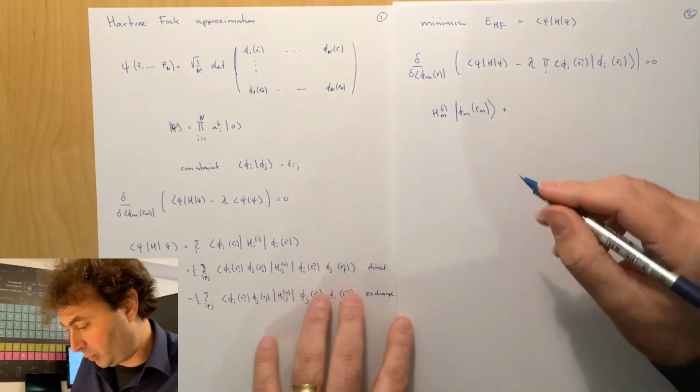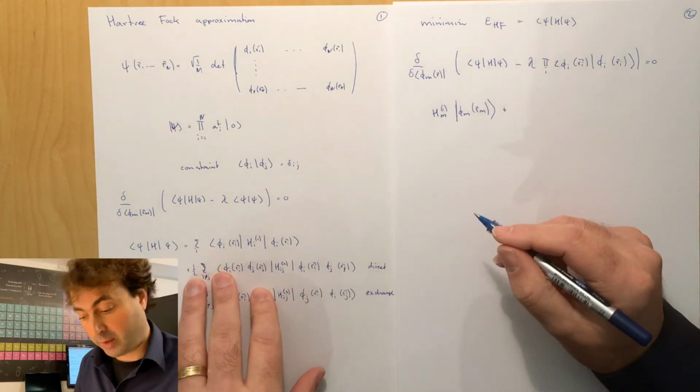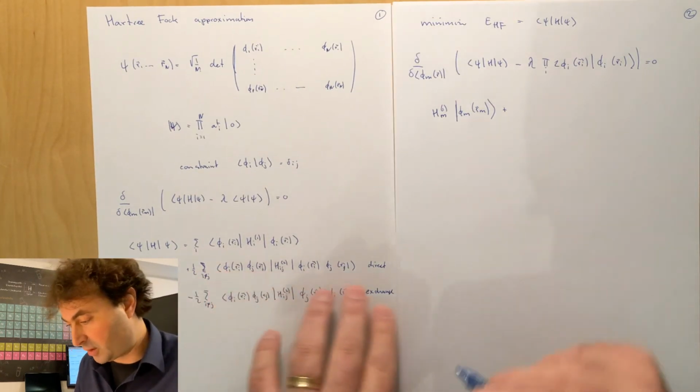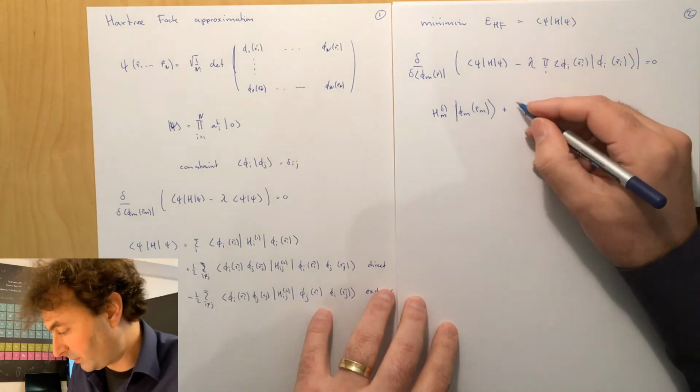Now we take the derivative of the second part. That's going to give me two terms, either the derivative with psi i or the derivative of psi j. So two delta functions.